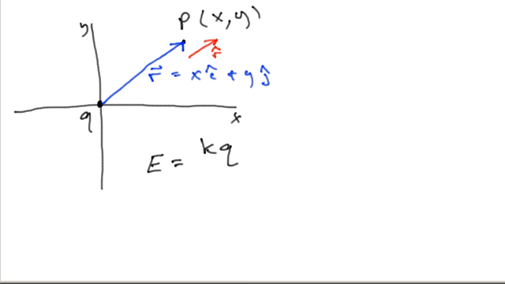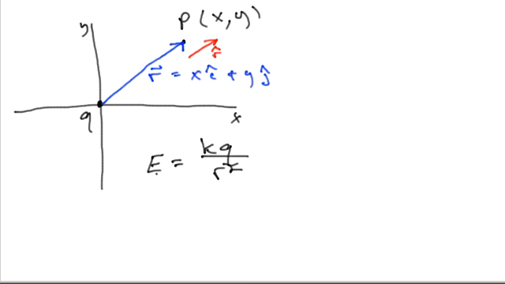So if it's a negatively charged particle, I'm going to get a negative value for this thing I'm calling E. K Q over R squared. Now, the absolute value of this is going to be the magnitude of the electric field.